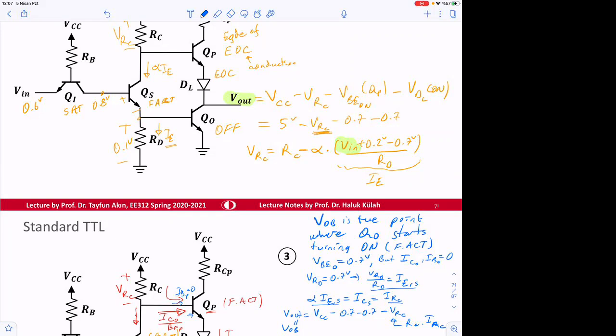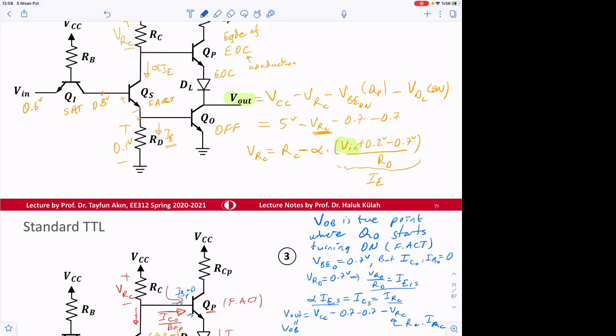So when it's SAT, the voltage at the base is going to be, let's say 2 volt, and then Q2 is off, Q3 is off, and then Q4 and D1 are at the edge of conduction, and then output is going to be 5 minus 0.7 minus 0.7 minus 0 VRC. The transitions are very clear, so you can solve this very quickly.